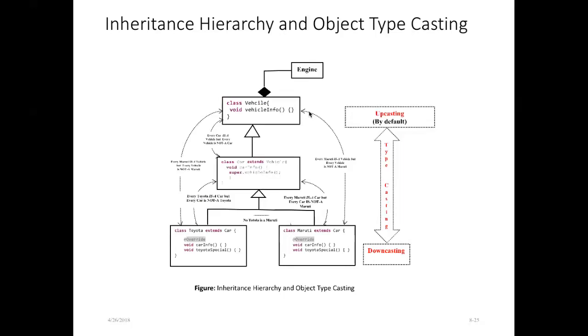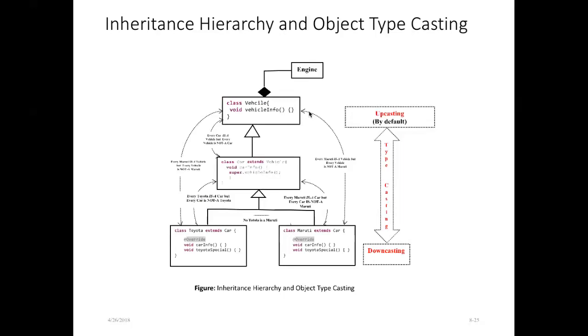Since it is extending the Vehicle class, by default a Car object will be able to access the parent class methods. Now what happens if a child class has the same method name as its parent class method? That makes another level of complexity. We're coming to that later, okay?